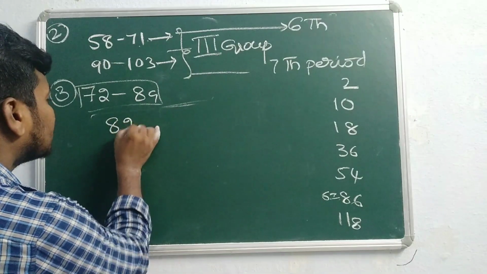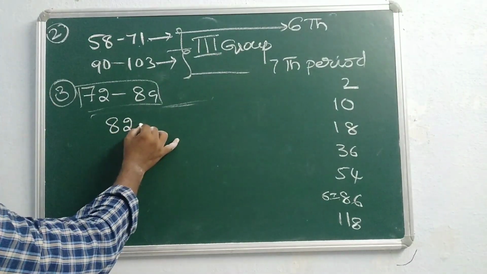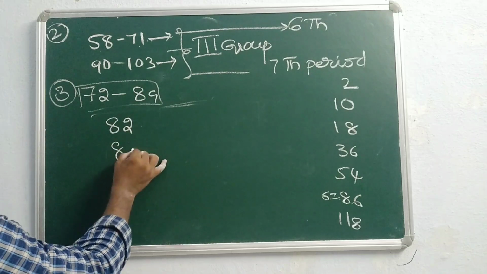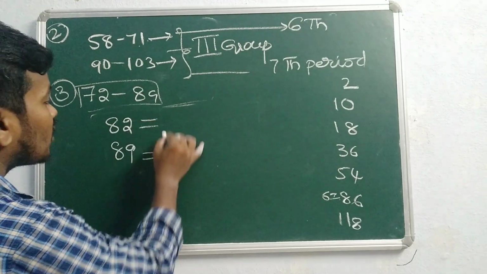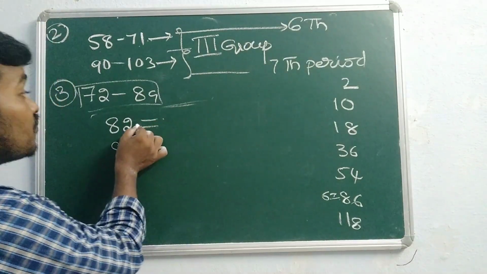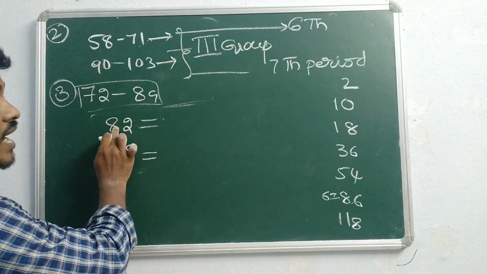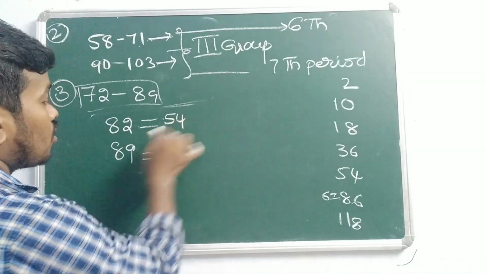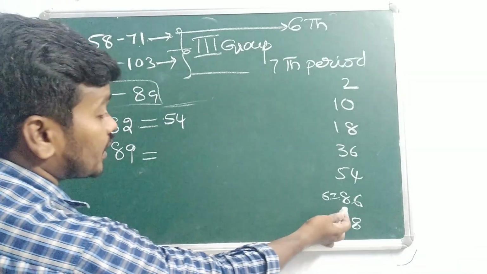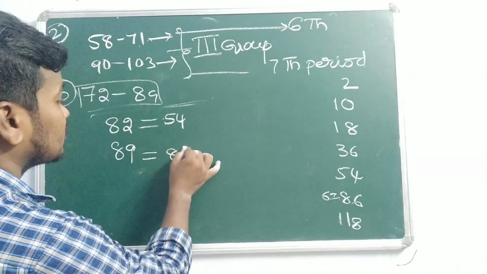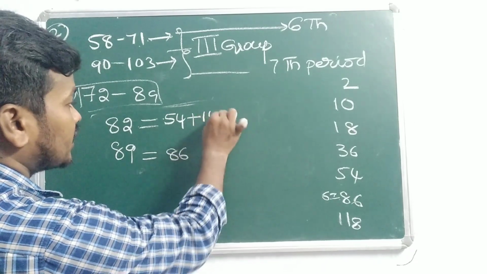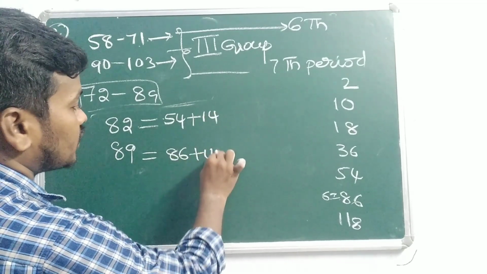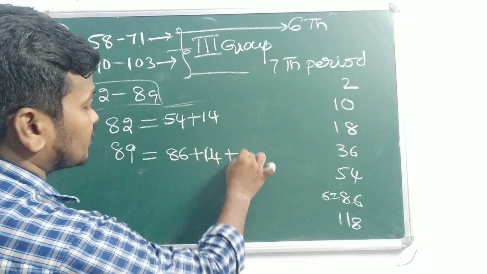Next examples: 82, and then I am taking 89. Whatever the formula, we take the noble gas before the atomic number. For 82, the noble gas before it is 54. For 89, what is the noble gas before it? 86. The formula is noble gas plus 14 plus n.